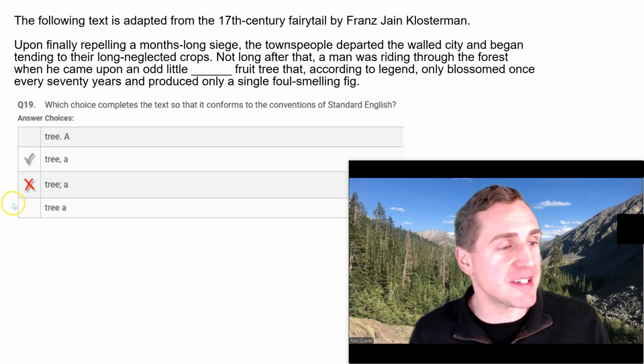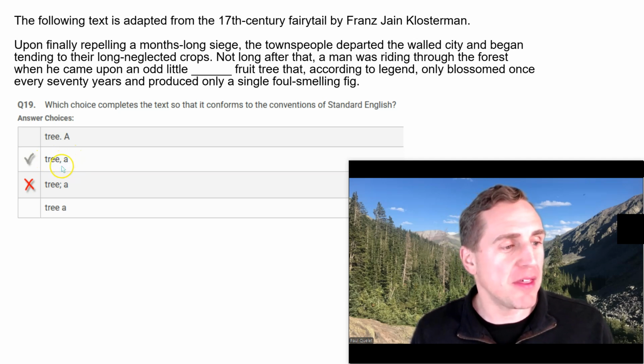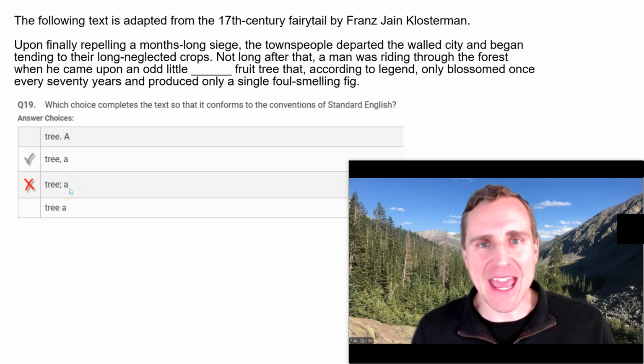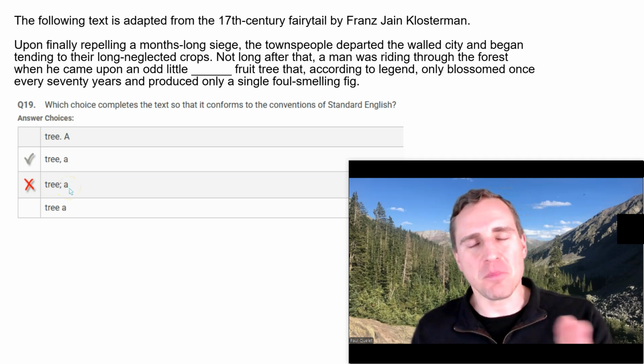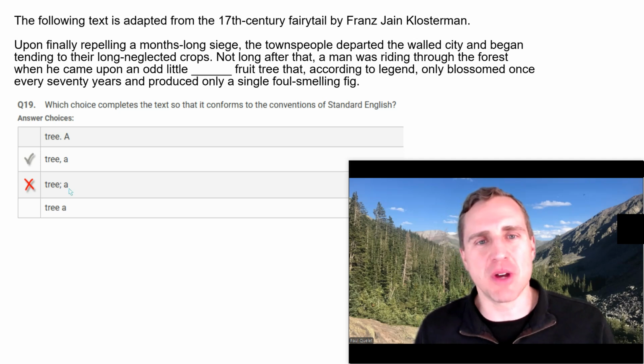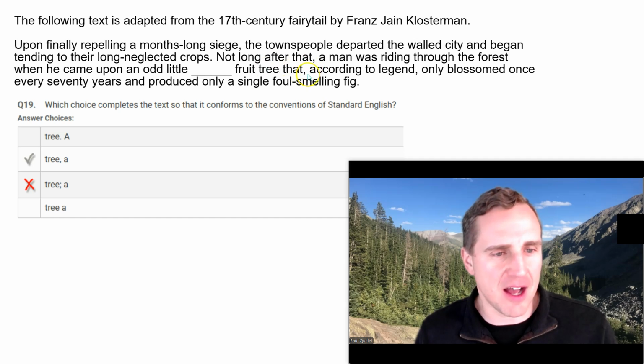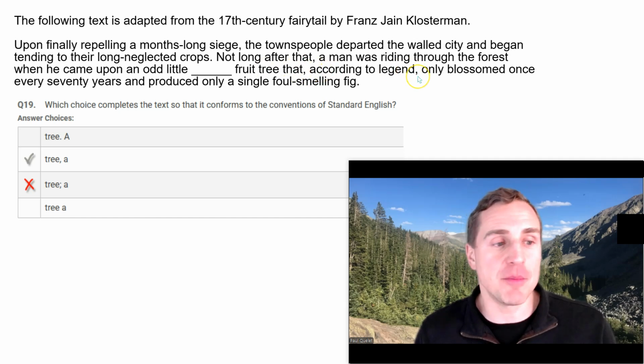When I was first selecting the answer choice, I was going with tree semicolon A because I thought we'd go into a separate clause, and the sentence would be run on. But we do need to have parallel structure. So an odd little tree, comma, a fruit tree that, comma, according to legend, comma.